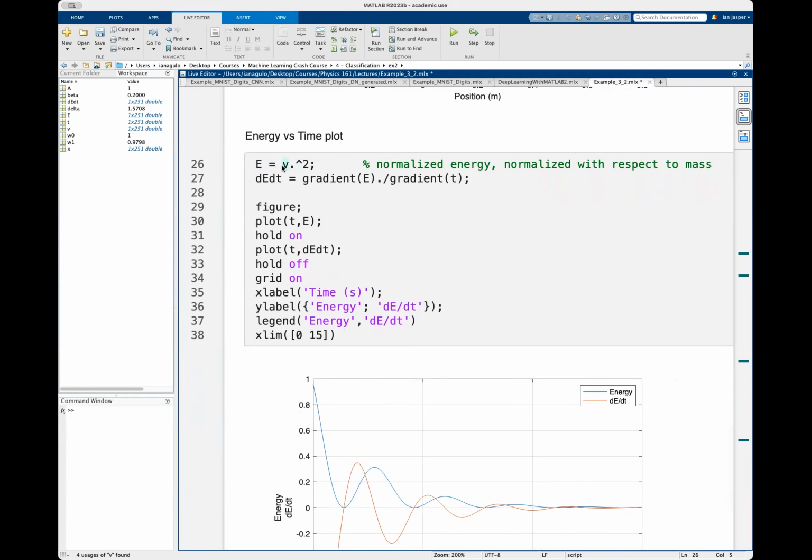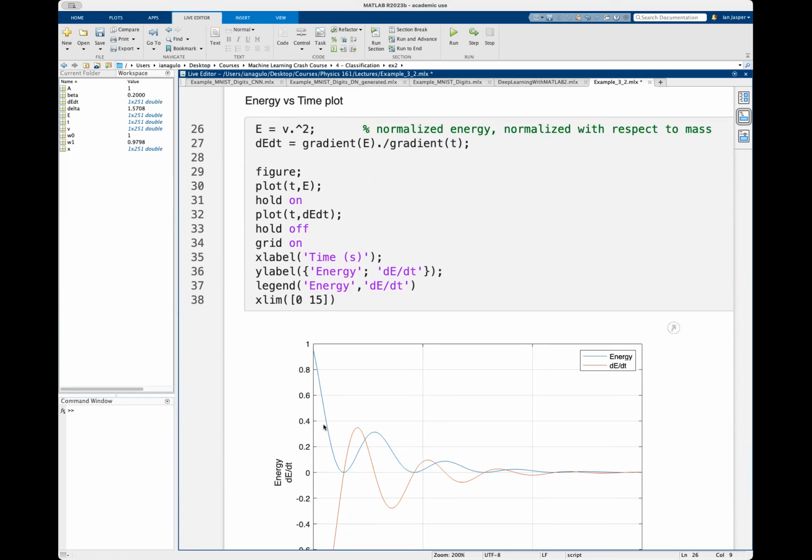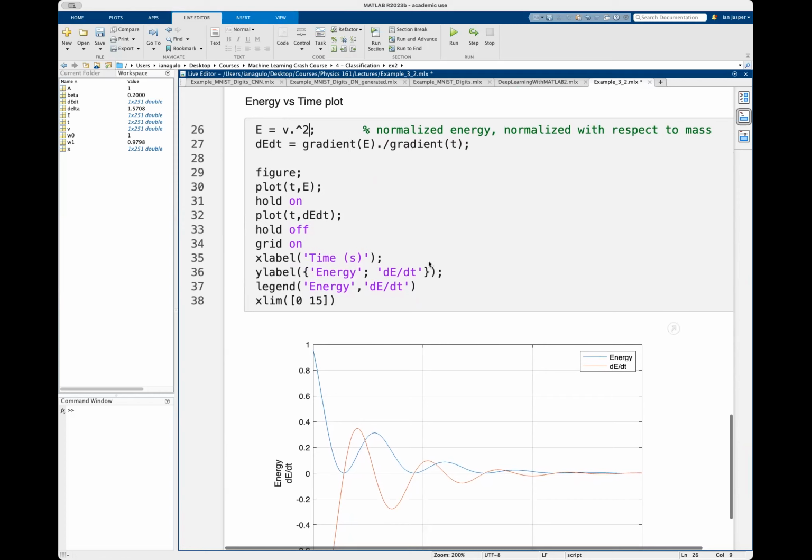Supposedly there is a 1/2 mv squared here, but I normalized it: I put the 1/2 on the side of E, and the m also on the side of E, so that we don't have to consider the mass of the object. They are constants anyway, so it doesn't matter. All you do is shift the value, but the behavior will be exactly the same.